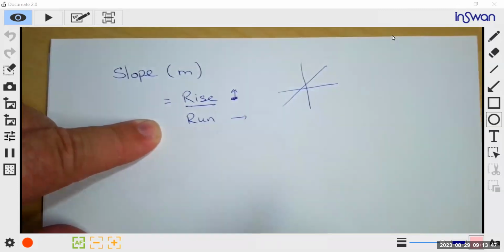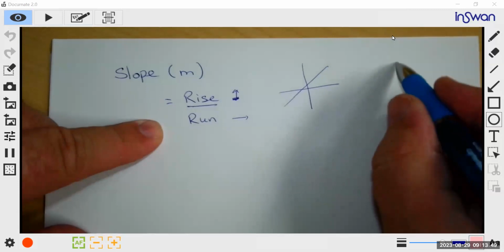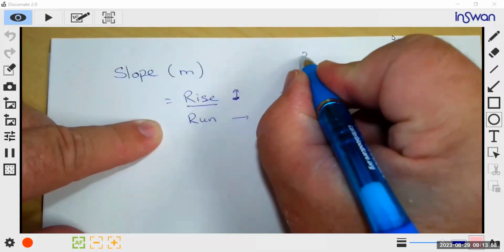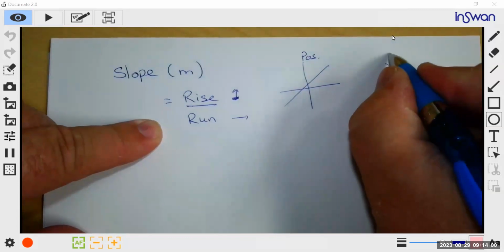So a line that's going up is like this. A line that's going down is like this. So it can go up or down. We call this a positive slope. We call this a negative slope.